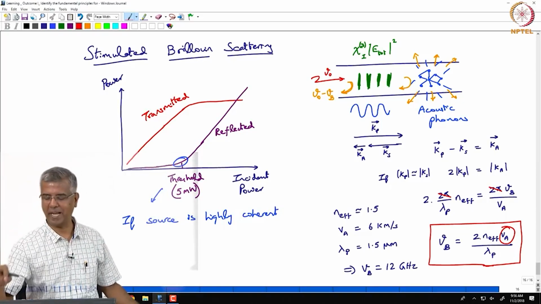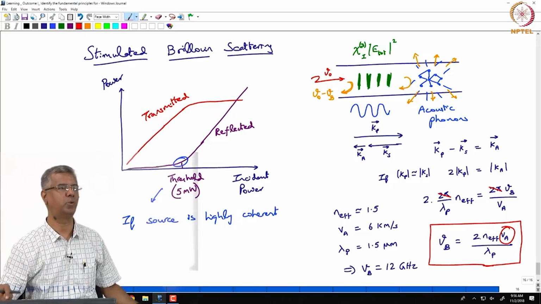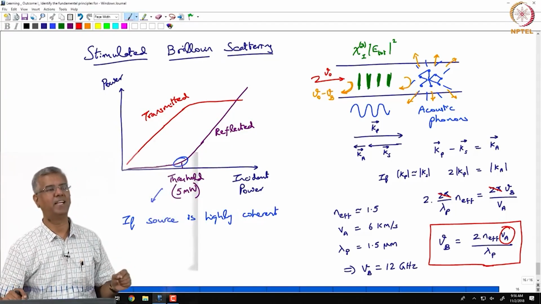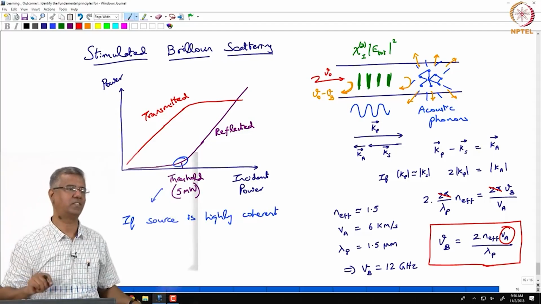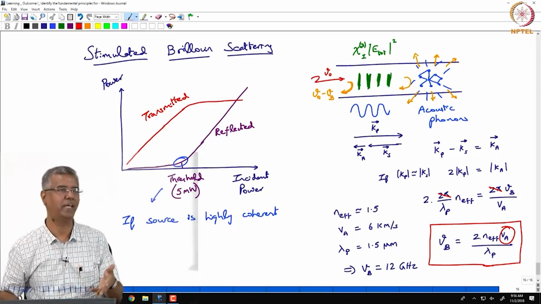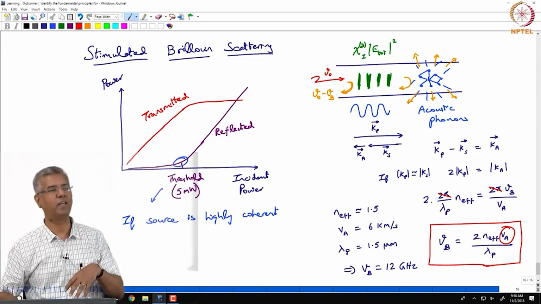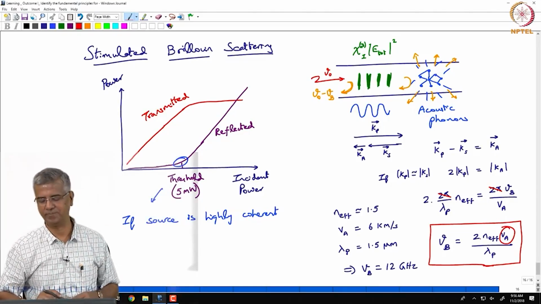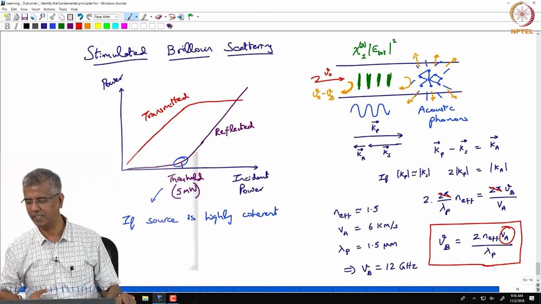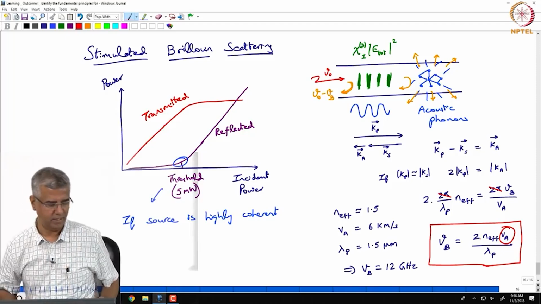So if I am tracking this frequency around 12 gigahertz, I can tell how much is the strain or temperature at that particular point. So it's bad for communication, but it could be very good for sensing applications. Okay, let me stop here.